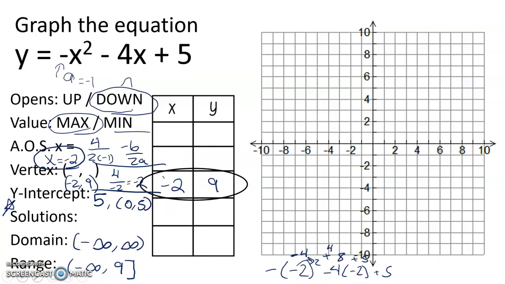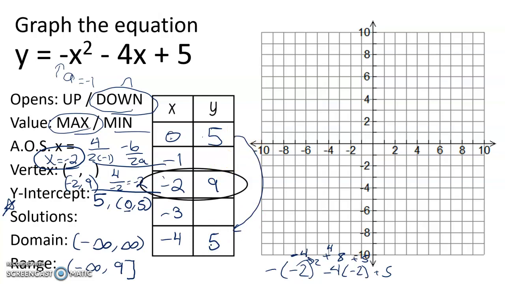Okay, so now we got all this stuff. Now let's figure out some other things here. So I'm going to do 2 up. So -1, 0, -3, -4. Do you know what this value right here is going to be? Yes, it's going to be 5 because I plug in 0 for x. It's my y-intercept, so it's going to be the 5, which means this one right here is going to be 5.